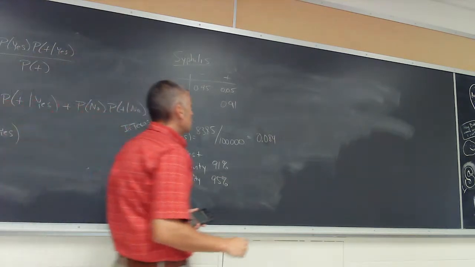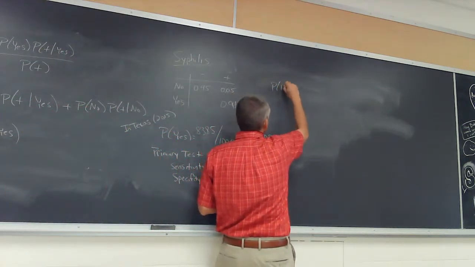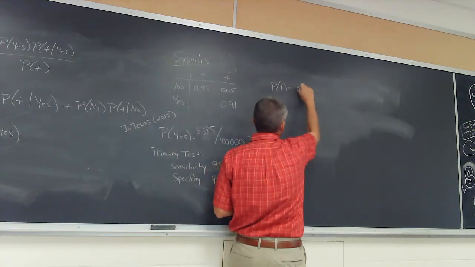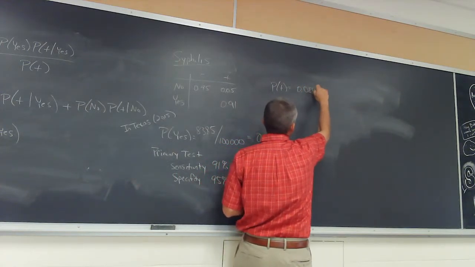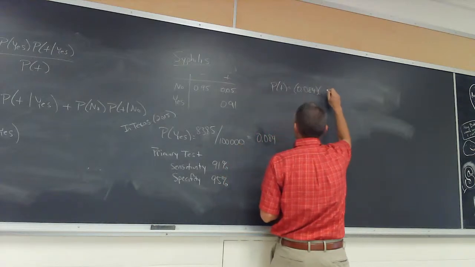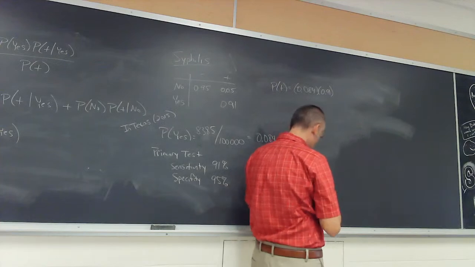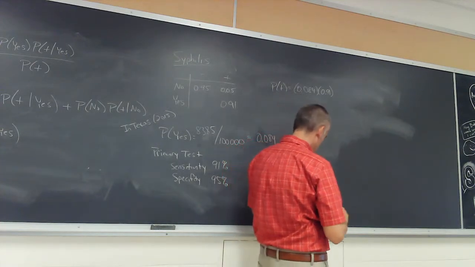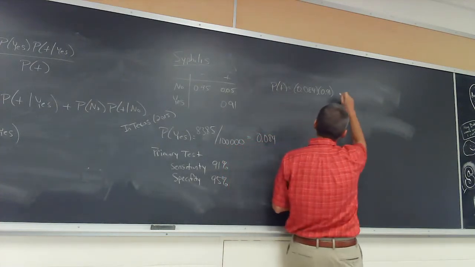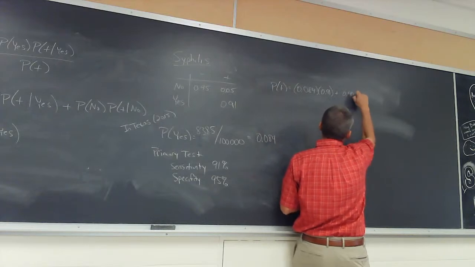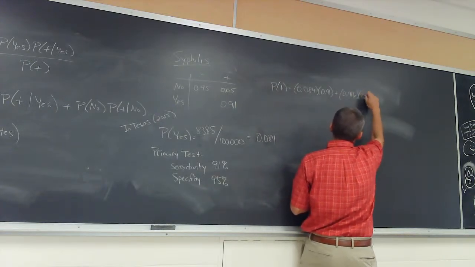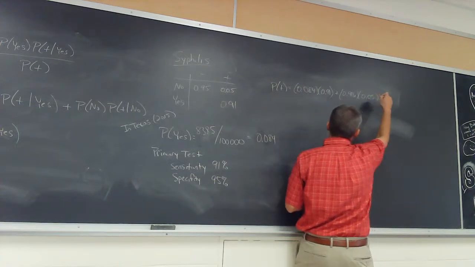All right, so probability of testing positive will be situations where we have it and we test positive, plus times we don't have it, it still tests positive. Here, 105.